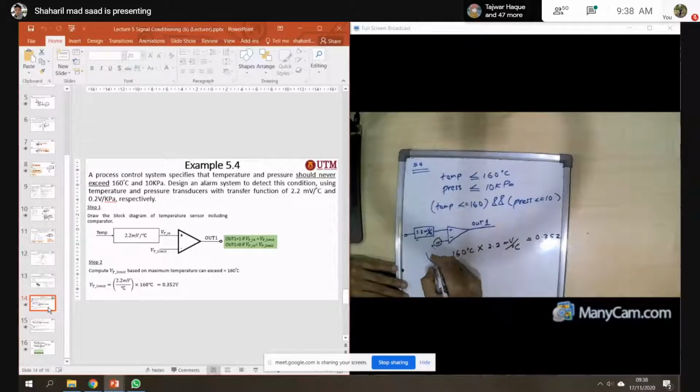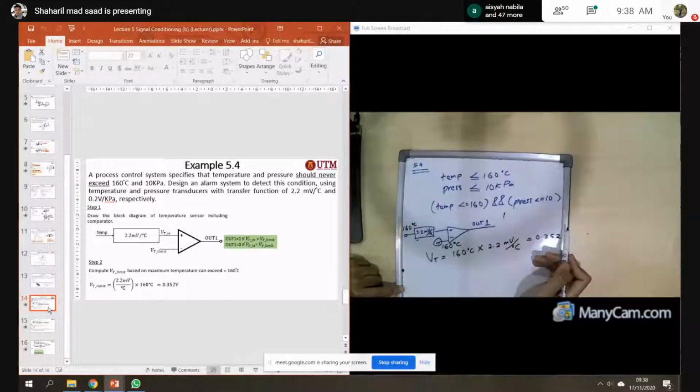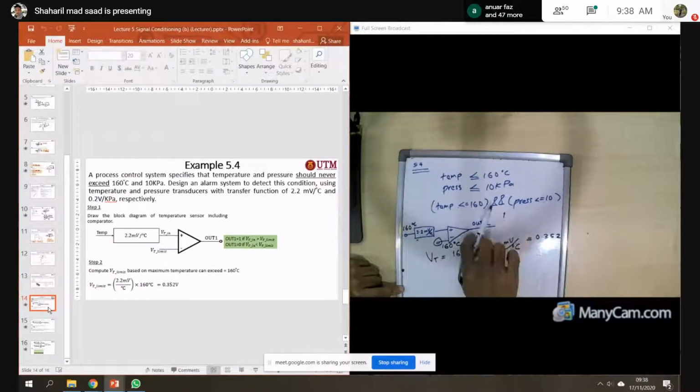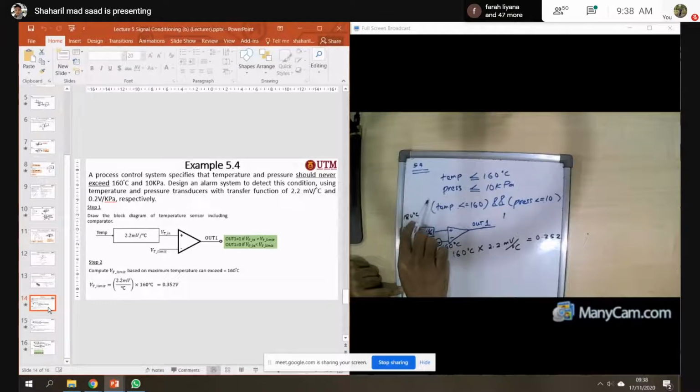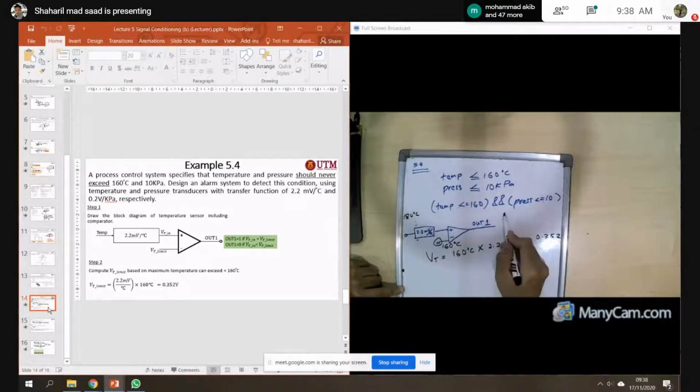So the reference is 160 degrees. When the input here is 160 degrees, your temperature sensor detects 160 degrees. If it is more than 160 degrees, you will get 1. If you get 180 degrees, it is more than 160 degrees, then you get 1.